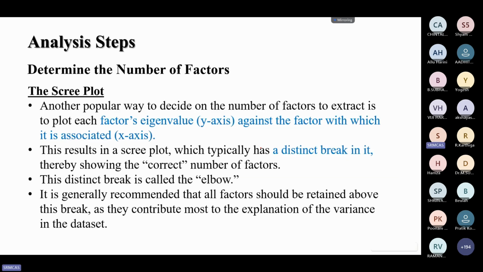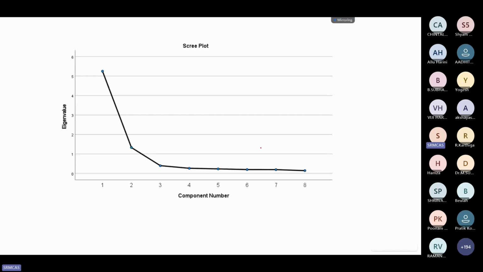The other criterion is the scree plot. See, this is a scree plot. It's just a plot representing the eigenvalue against the component number. Where the elbow shape ends, the number of points before that can be counted as the number of factors to be selected. Here it ends here, so only 2 factors.